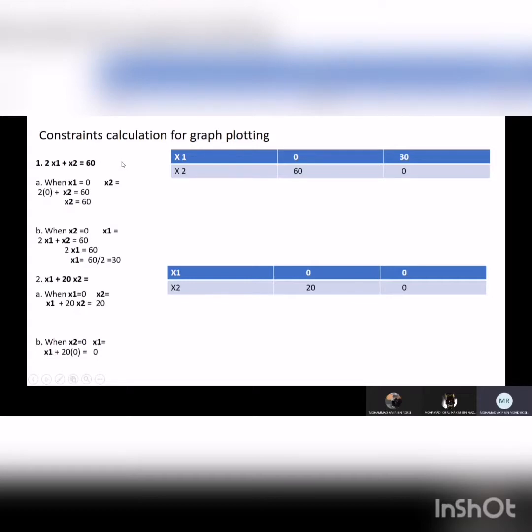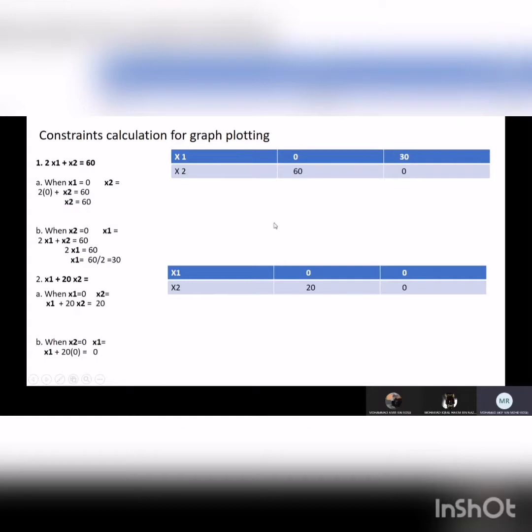When x1 equals 0, 2 times 0 plus x2 equals 60, so x2 equals 60. Then we put the 60 inside the x2 column. After that we put 0 at the next x2 column, and we want to find x1.